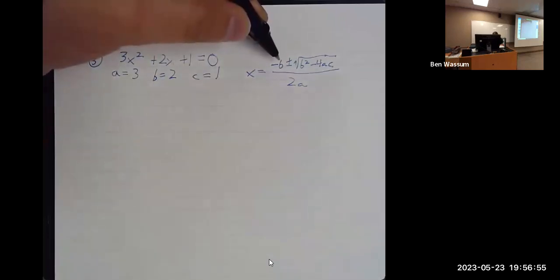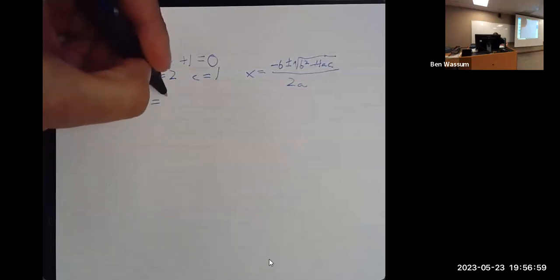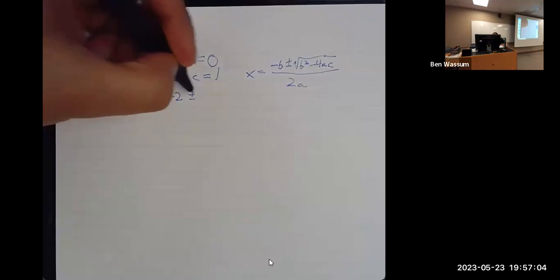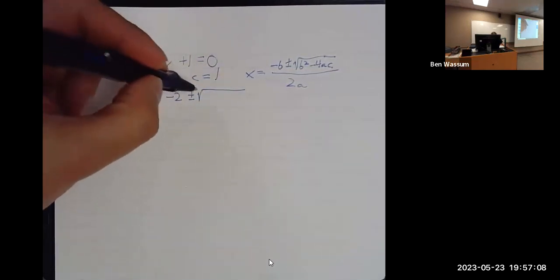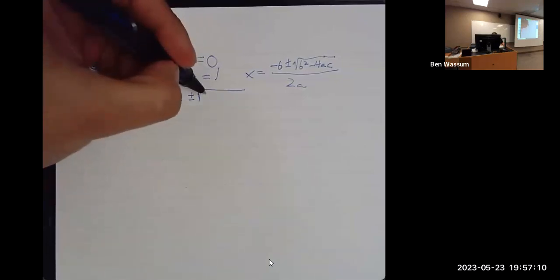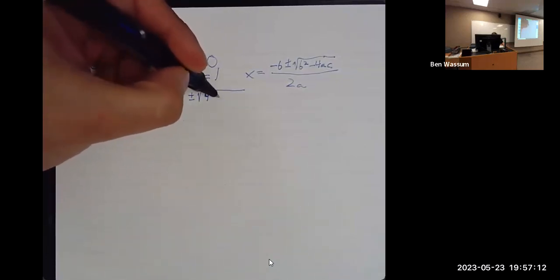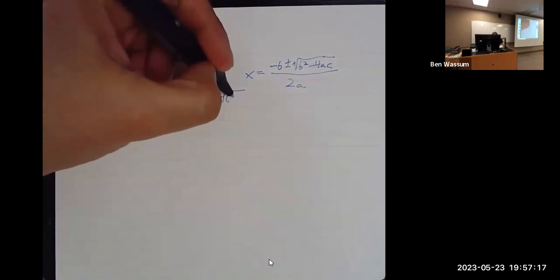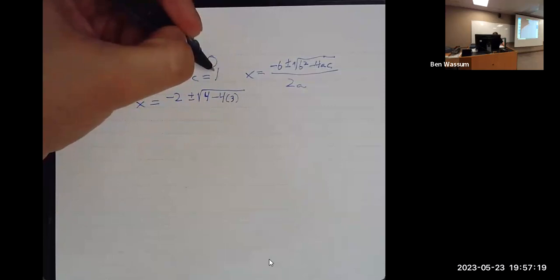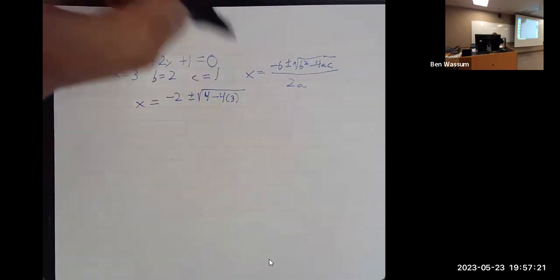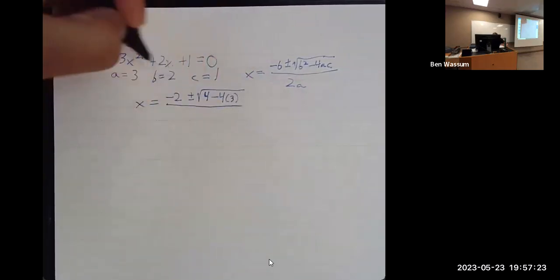Now we're going to take these pieces and plug them in. X is equal to negative b, well, b is 2, so negative 2 plus or minus the square root, let's cut corners where we can, of b squared, b is 2, so this will be a 4, minus 4 times a, which is a 3, times c, which is a 1. I don't really need to write that. All over 2a.